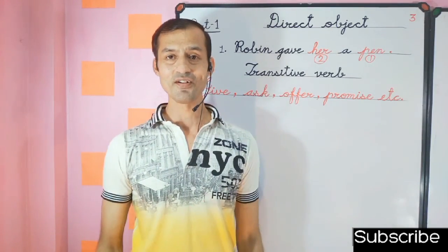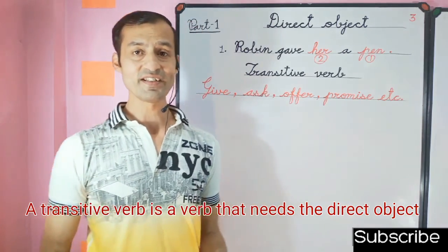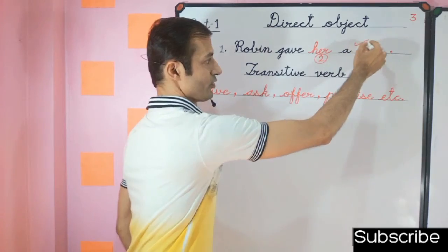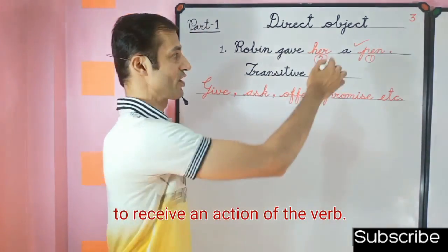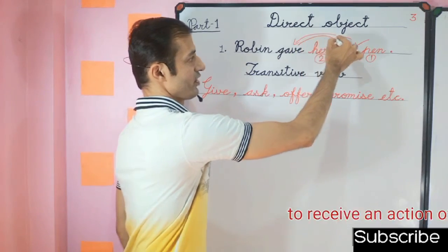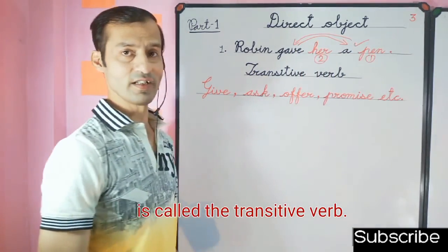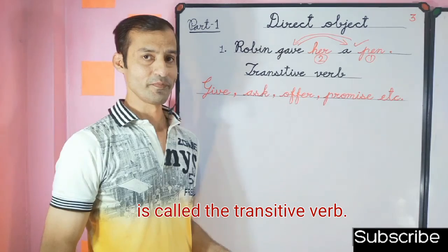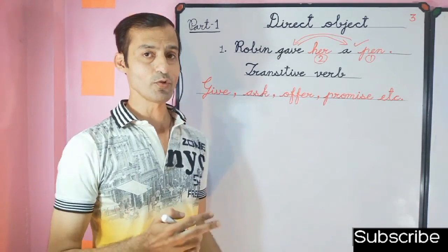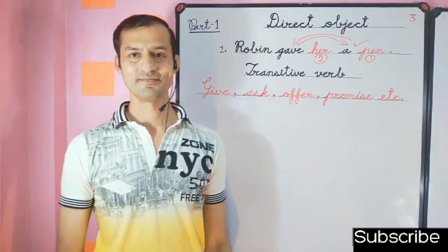A transitive verb is a verb that needs a direct object to receive the action of the verb. And remember that some transitive verbs take two or more objects.